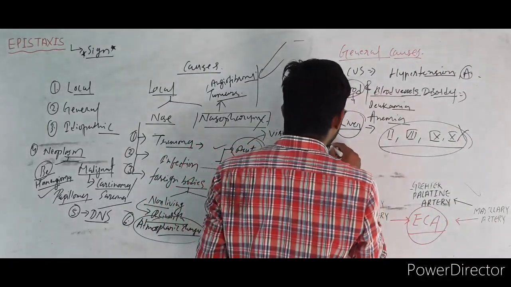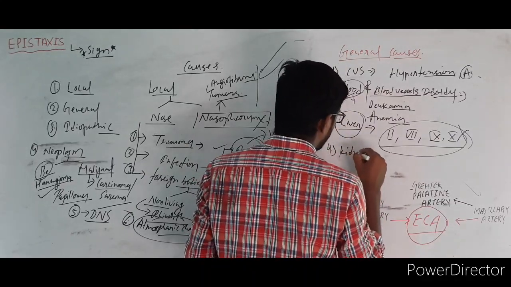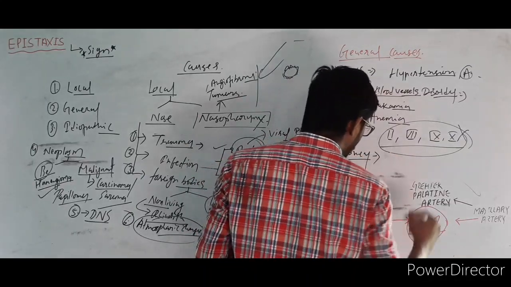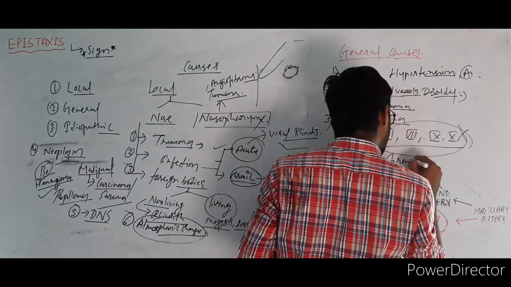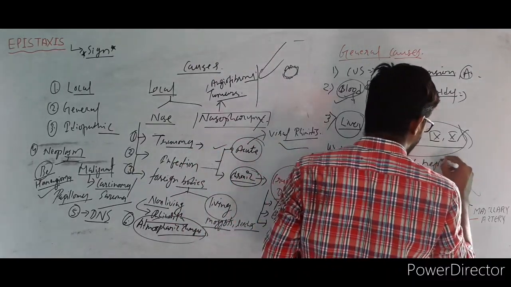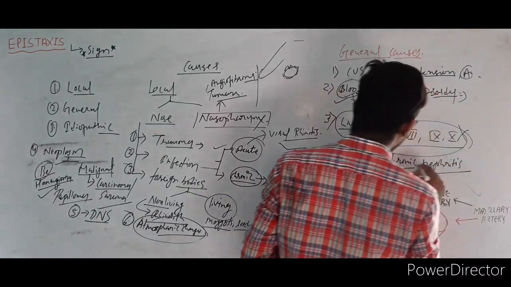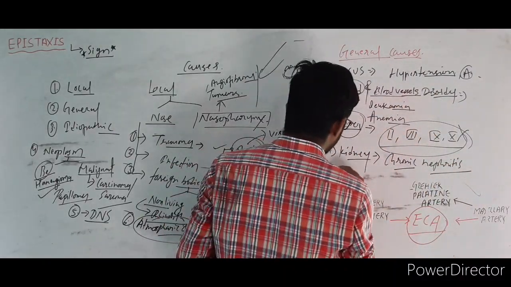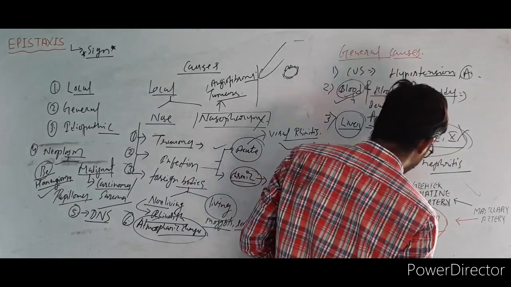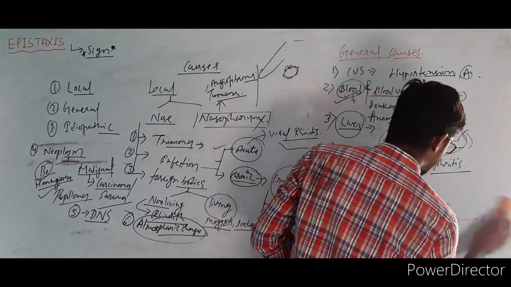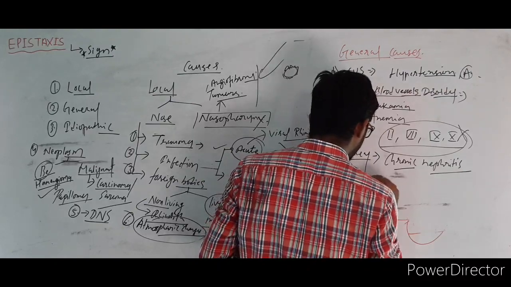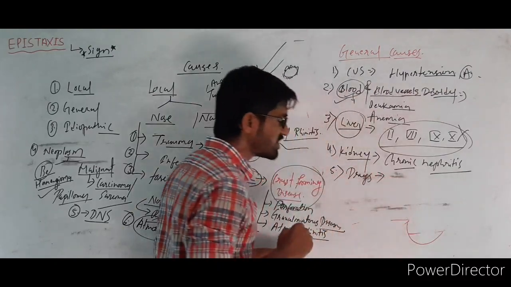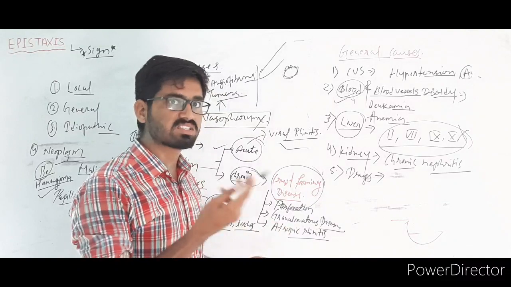What will happen in the case of the kidney? In the kidney, there is chronic nephritis. The fifth thing is drugs.